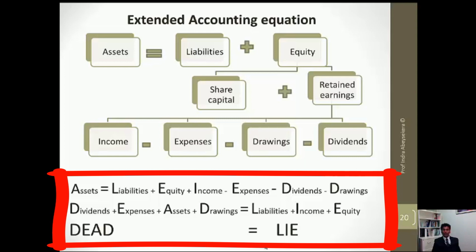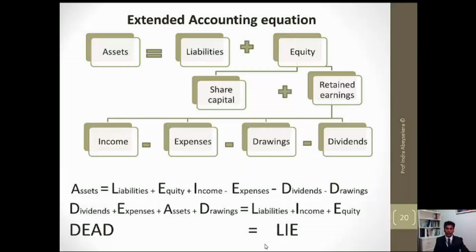If I abbreviate as a mnemonic, on the left side is DEAD, debt, and on the right side is LIE, life. So these are the two sides in the extended accounting equation. The accounting equation must always balance.